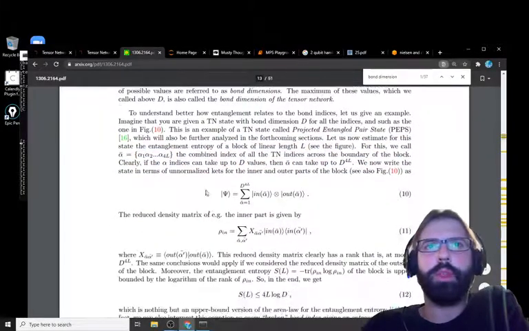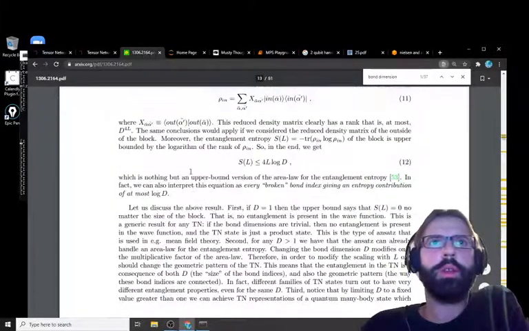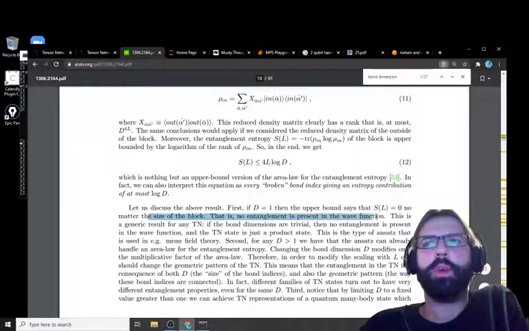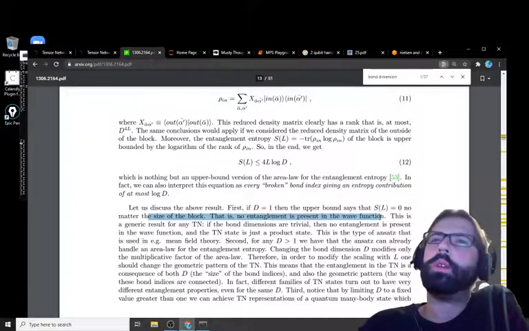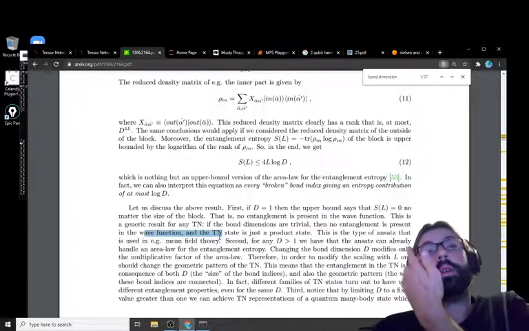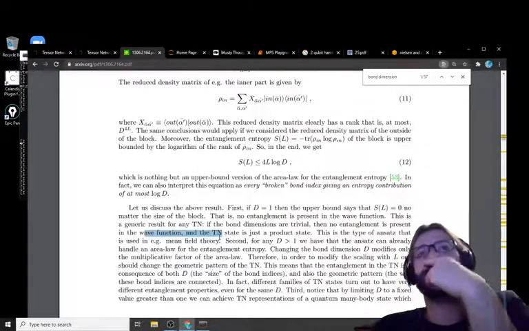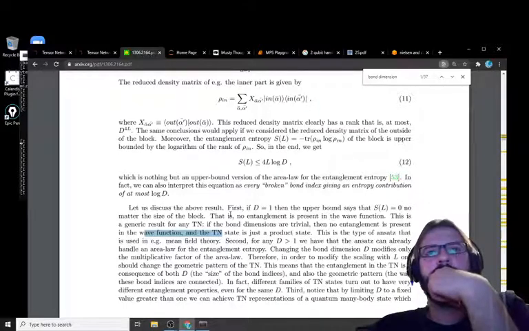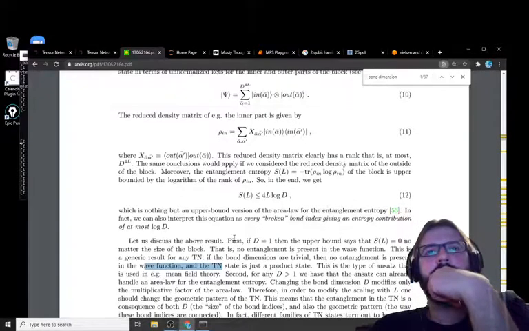Okay, well, what should be the bond dimension for a qubit? There is no entanglement present in the wave function. Then no entanglement is present. That's interesting.